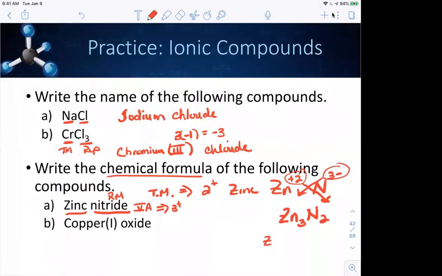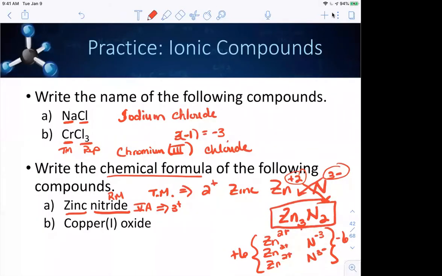I have 3 zinc 2+ ions and 2 N3- ions. This gives me a +6 and a -6, which is my lowest whole number ratio. So this would be the formula.